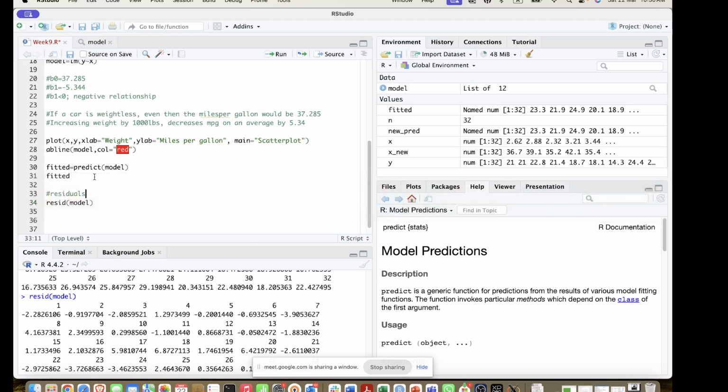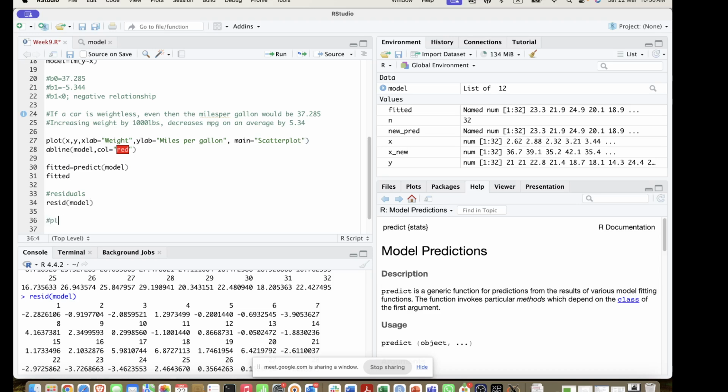Now once we know how everything looks like, we can also plot residuals versus x.